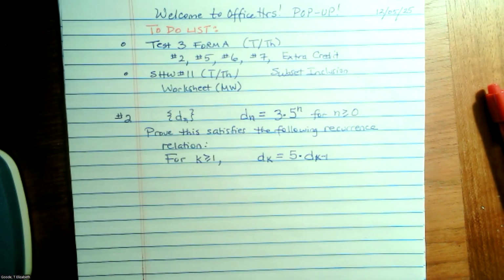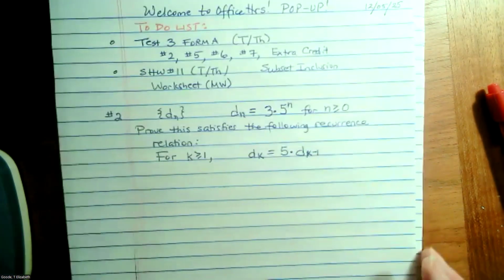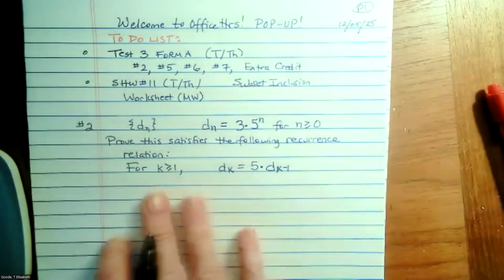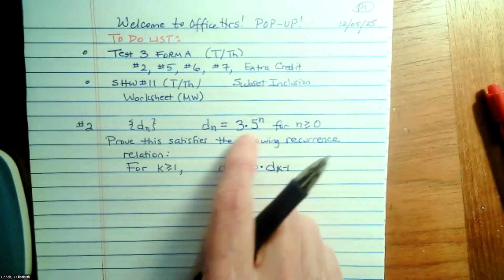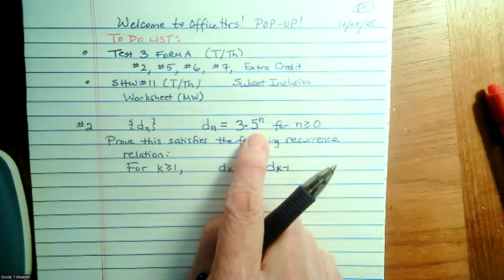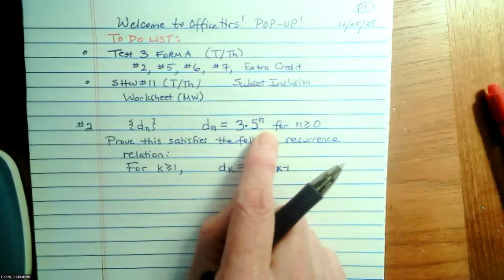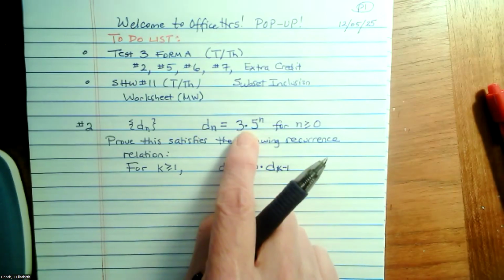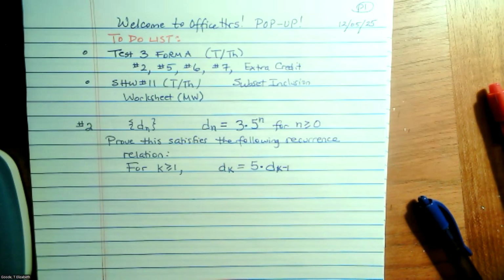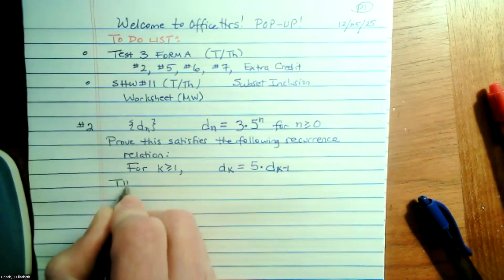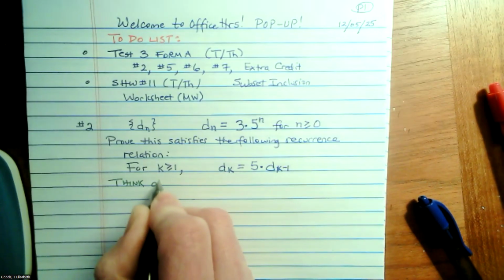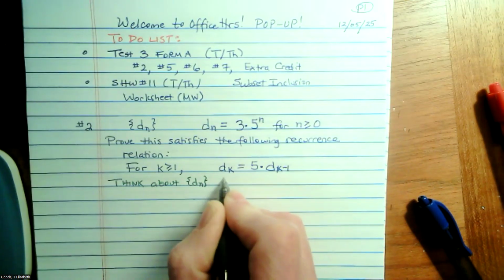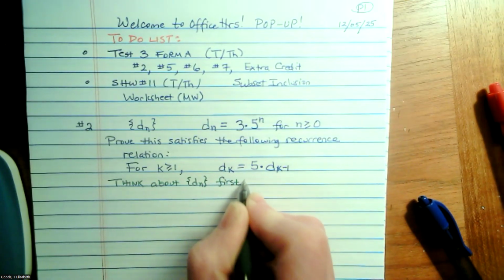All right. So when we see something like this, one of the things we can do to better understand what's going on is just look at the first few terms of the sequence to see what kind of sequence this is. And it turns out it's a geometric sequence. So let's just think about this sequence first, before we try to answer the question.